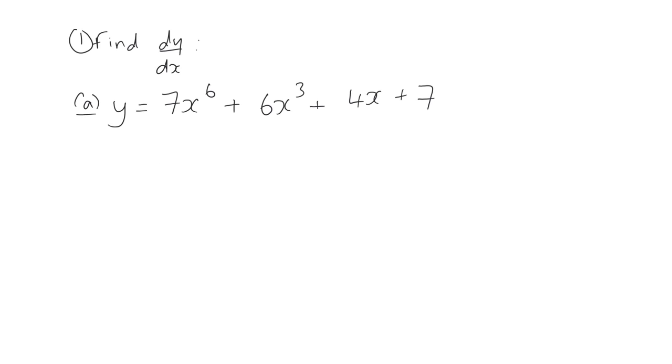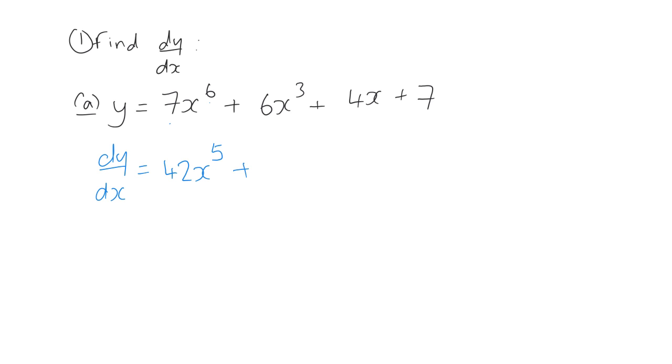So let's look at some basic examples then. So in the following then, we're going to find dy by dx. So our first one, y equals 7x to the power of 6 plus 6x cubed plus 4x plus 7. So when we differentiate, it's the power times the coefficient in front, so that's 42, and then we take one away from the power.